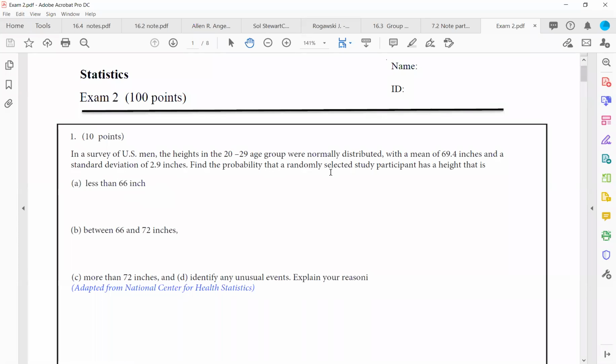Find the probability of randomly selecting a study participant with the following heights.